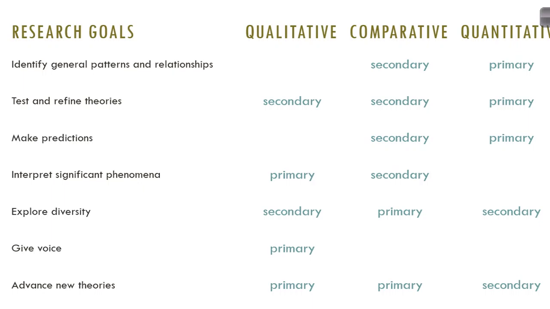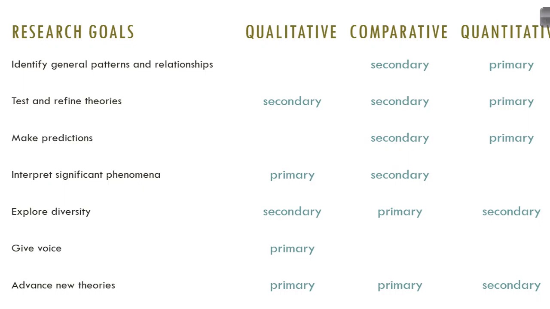Alright, so this is our complete table of research goals and how they match up with different research strategies or orientations. As you see, there is a clear distinction between which goals can be best reached with qualitative methodologies and which goals work best with quantitative methodologies.